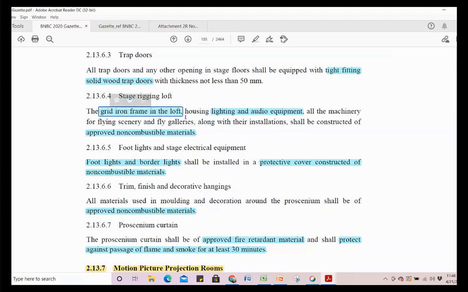The gridiron frame in the loft housing lighting and audio equipment happens on the top side of the proscenium. Housing the lighting and audio equipment, all the machinery for flying scenery or fly galleries along with their installations shall be constructed of approved non-combustible material. So there is a material specification for the stage rigging loft.